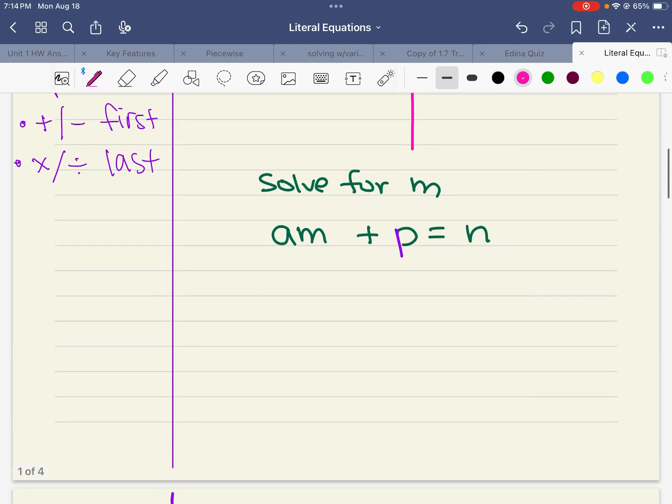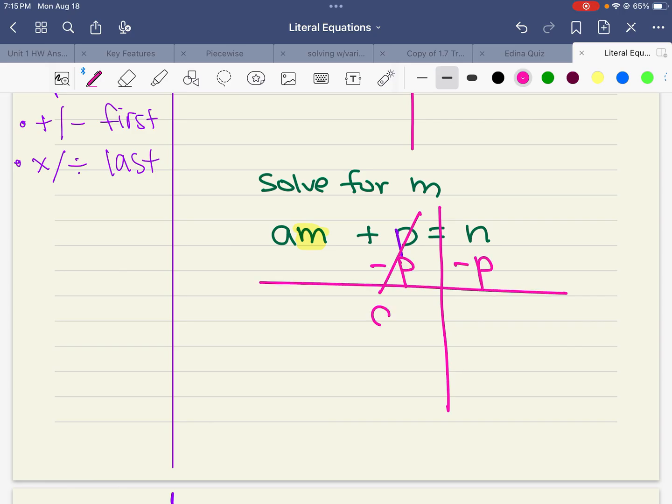Okay, solve for M. Let's do the same thing. Here's M. So P has to go and A has to go. So I'm going to subtract P from both sides. 0 pair goes away. A times M equals N minus P. Again, those are not like terms, so I cannot combine them. And then again, A is the thing.